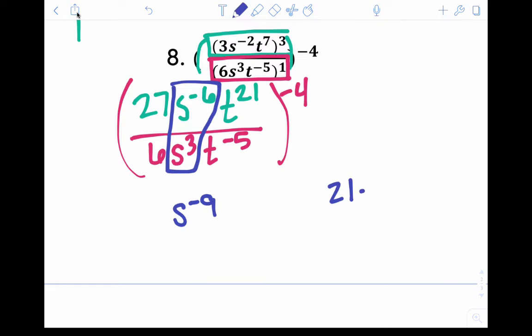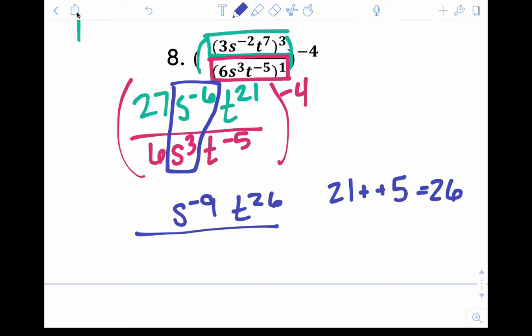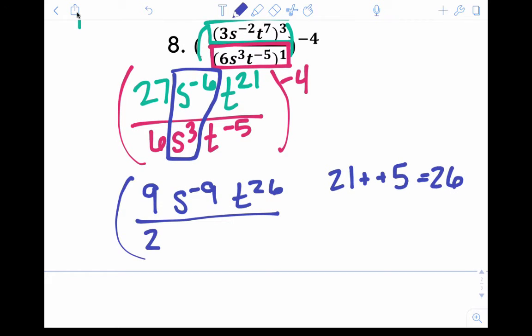I would have 21 minus negative 5, sorry, I wrote that wrong. I'm going to add that inverse to get 26. So I have t to the 26th. And then 27 over 6, I cannot divide that, but I can simplify it. I can divide a 3 out of both of those numbers to get 9 over 2. And I'm going to simplify this one more step before I take it to the negative 4.